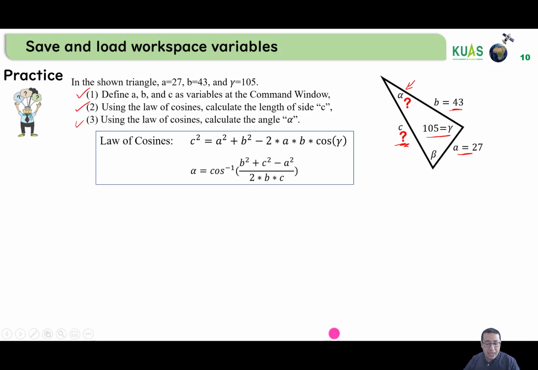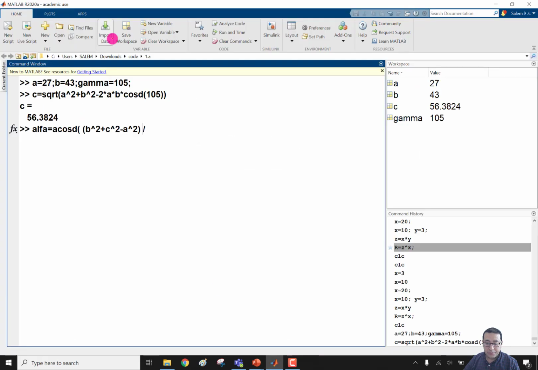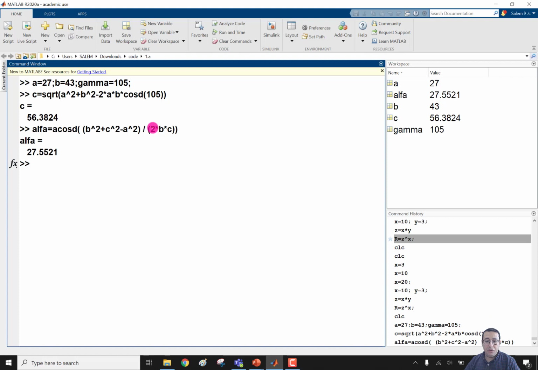So if we go back again here and divide by several terms, it's also better to use the parentheses, unless we change every multiplication to division. And then divide it by 2, multiply by b, multiply by c, and then close this one and close the other one, and enter. We will have alpha, which is 27.5521.